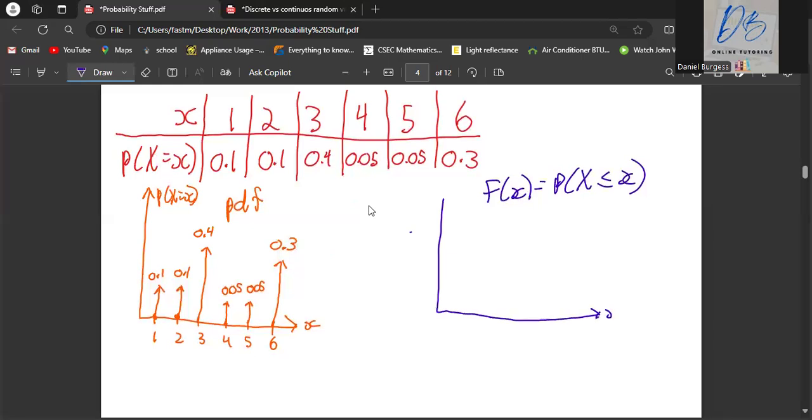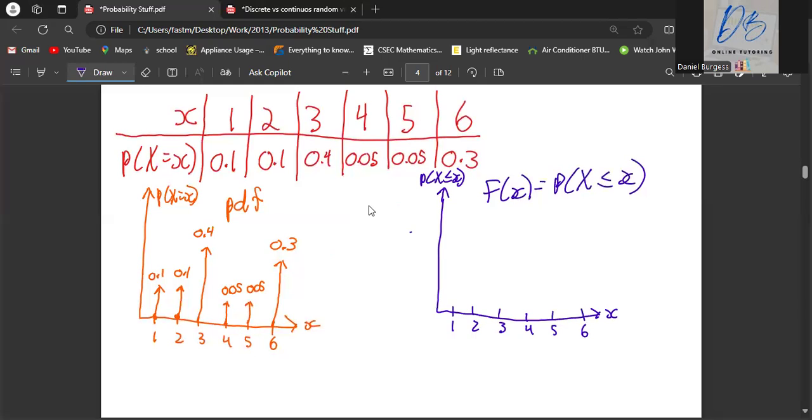The x is still the outcomes, but on the y now is the probability X is less than or equal to x, or you can write capital F of x if you so choose. So we have the outcomes 1, 2, 3, 4, 5, and 6.